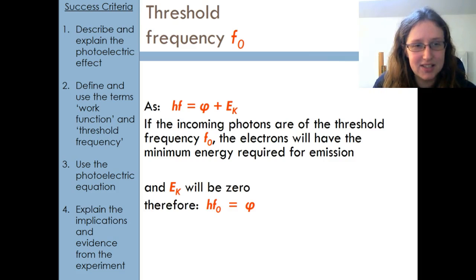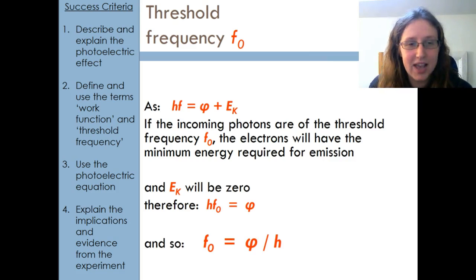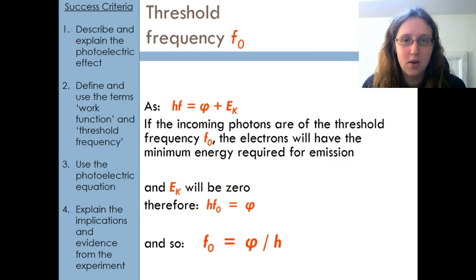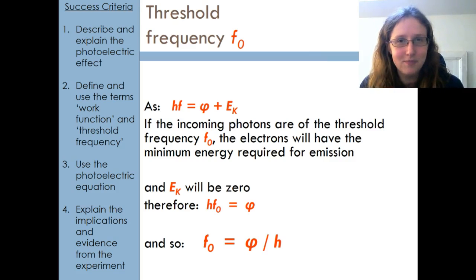So that leads me to say that h times the threshold frequency would equal the work function. So if I want to calculate the threshold frequency for a material, I take the work function of that material and I divide it by Planck's constant.